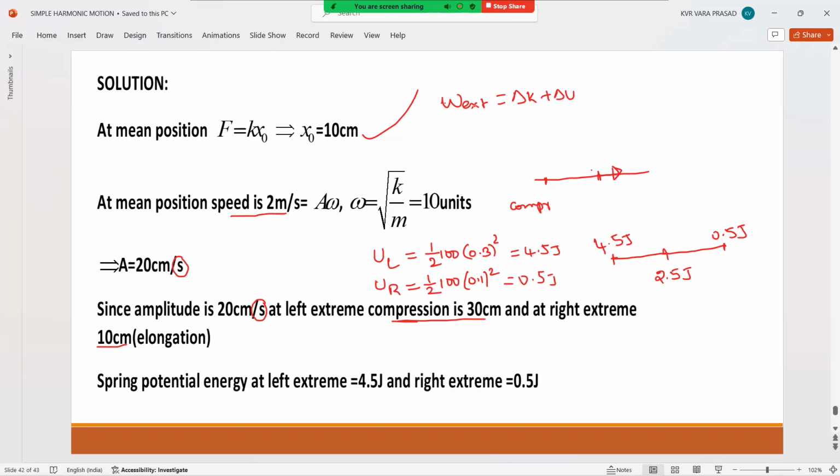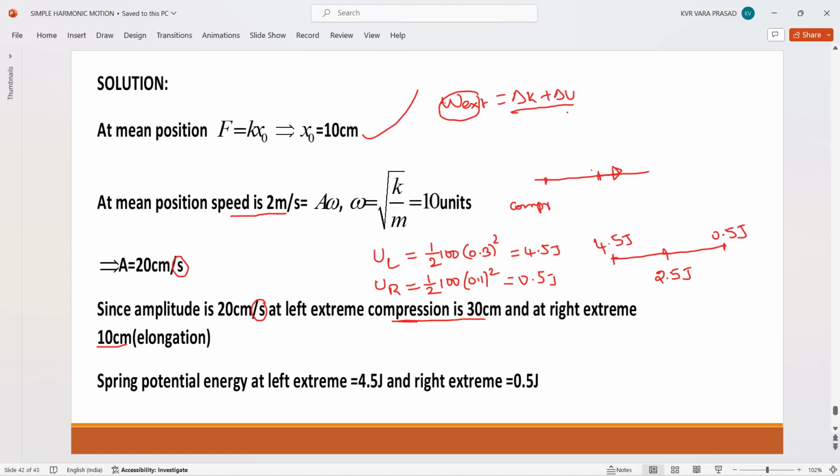So by external force, work done is negative means mechanical energy of the system is decreasing. I am repeating. When block is moving right side, by the applied force, work done is negative. That means for the system, mechanical energy is decreasing.